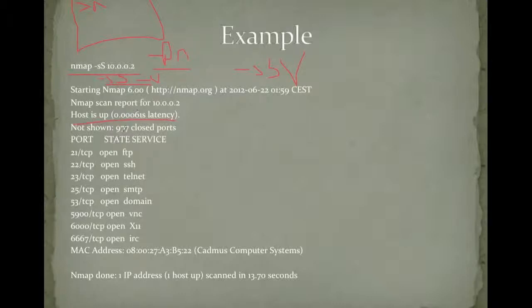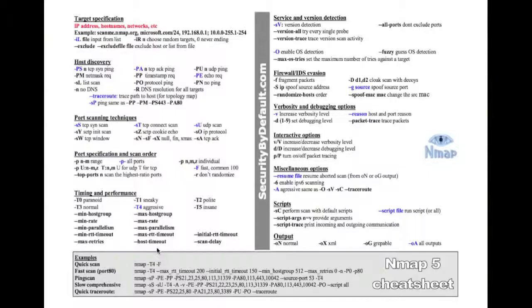So this is just a -sS, so it identified the open ports. 21, if you were paying attention before, that is FTP. 25 is SMTP. 53 is DNS, or domain. And 59,000 is VNC. That's not a common port, but it identified it as that. And it tells you the MAC address. And this is what scans will look like in Nmap, and you can do different scans.